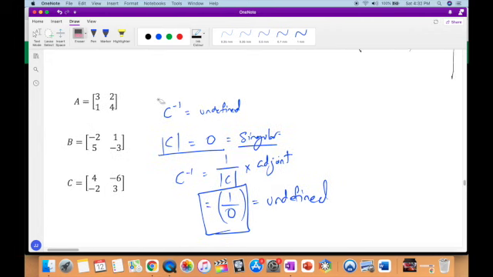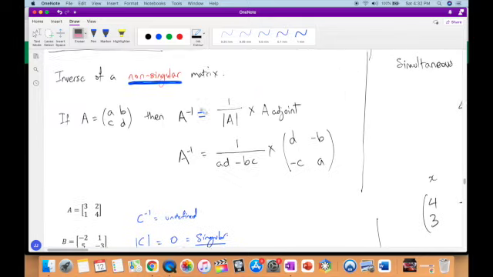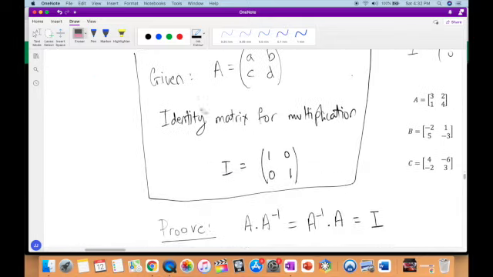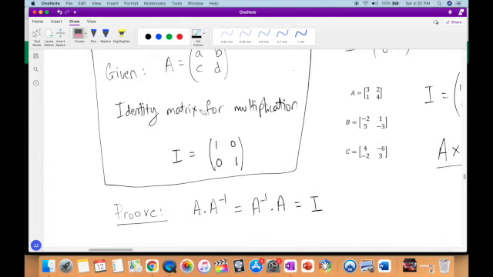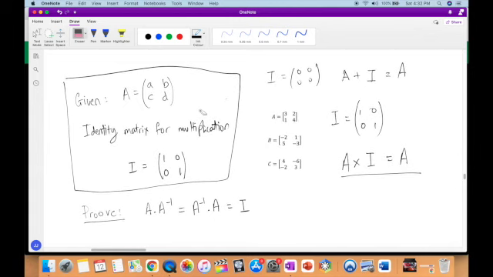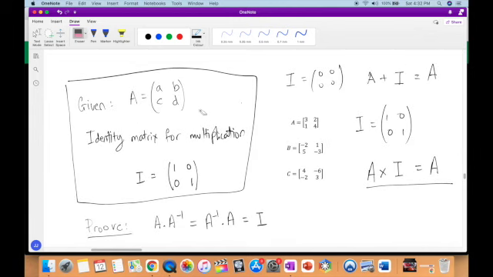Okay, next topic. We're almost done. But these next 2 topics are actually going to be the harder topics, right? And these topics are going to use what we already know.